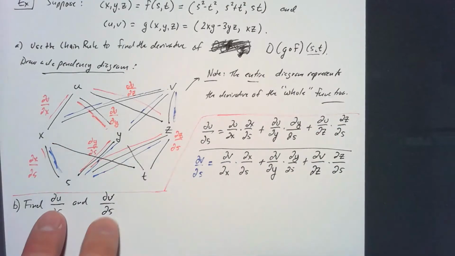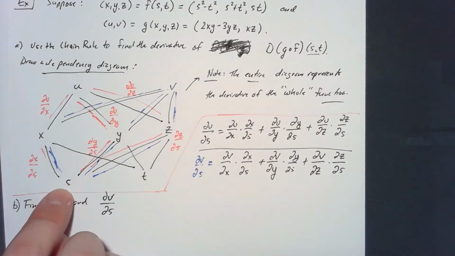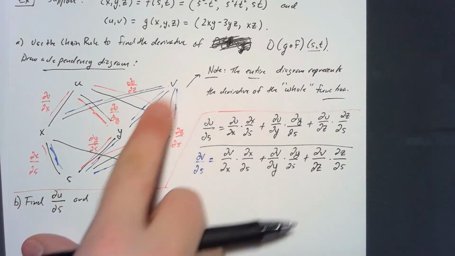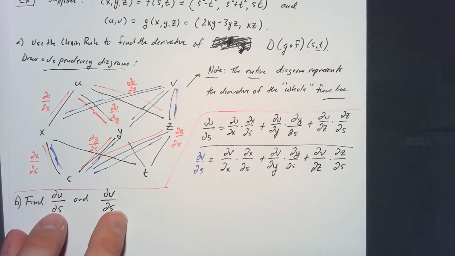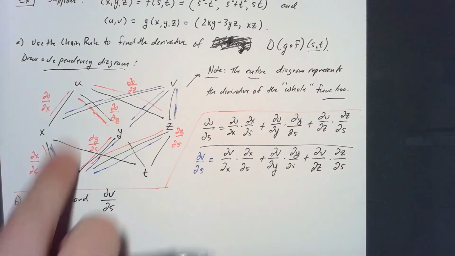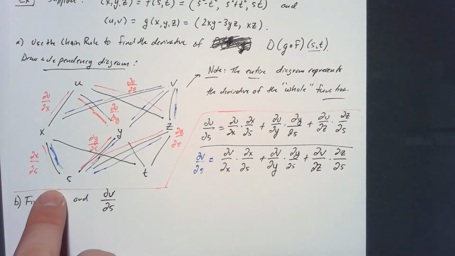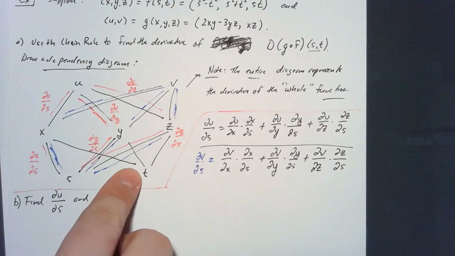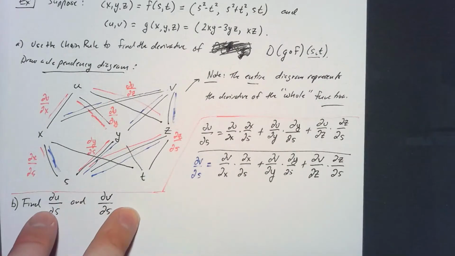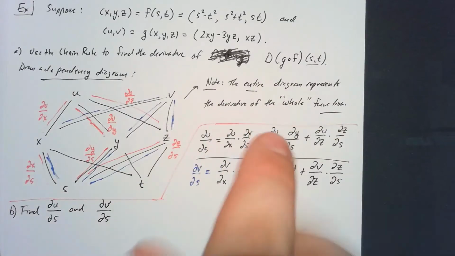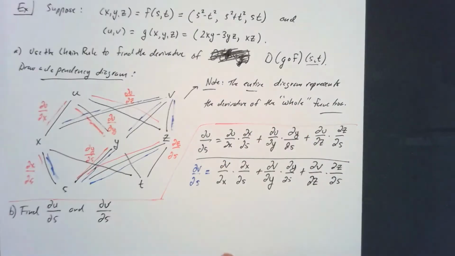So this is only half of the function. This goes from u to s and from v to s. The other two would be from u to t and from v to t. Those other two, with these two, would comprise the derivative of the whole function.